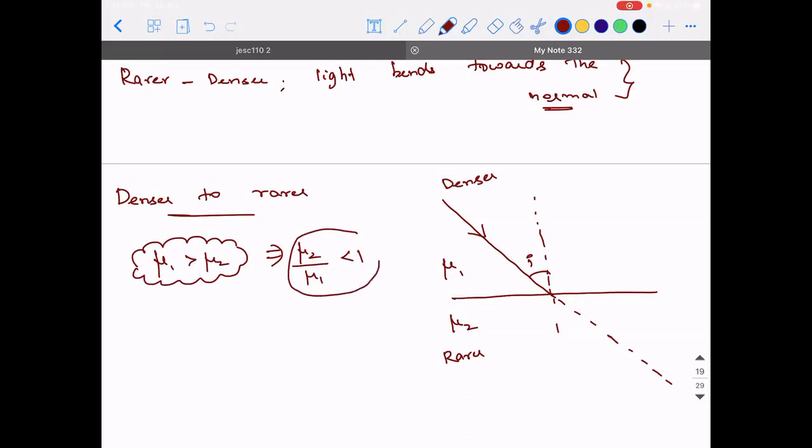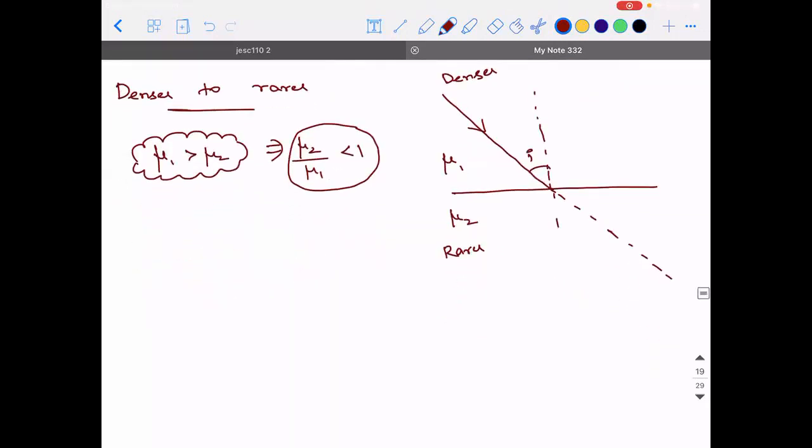So there is a number which is less than 1. So next, applying Snell's law at P. When you apply Snell's law at P, what are you going to get? I told you a method already.